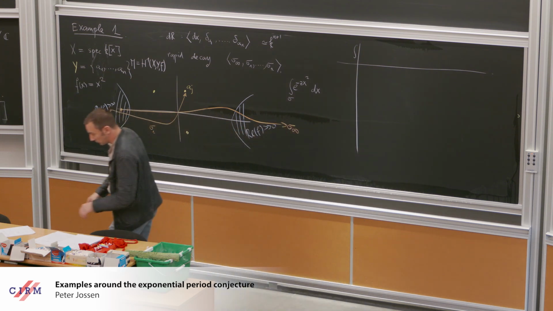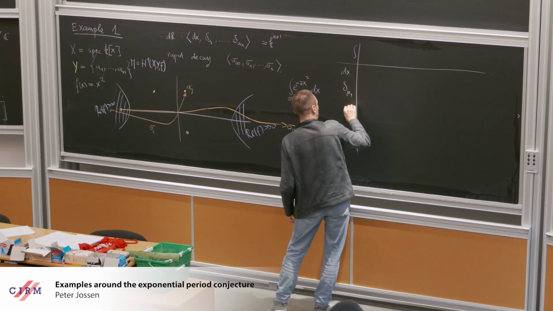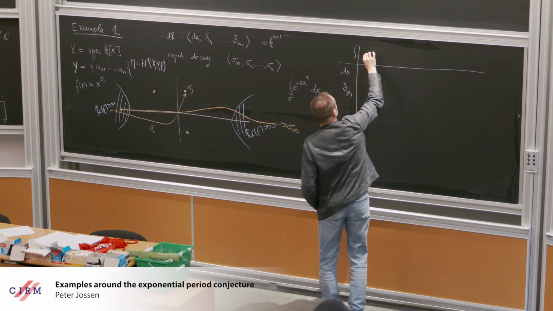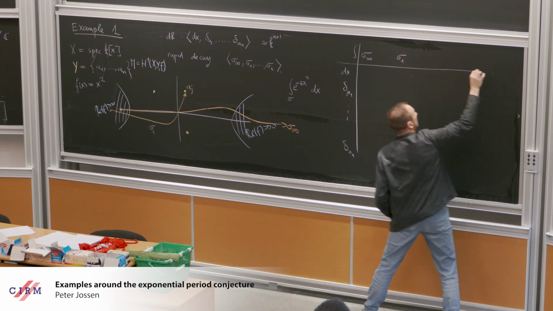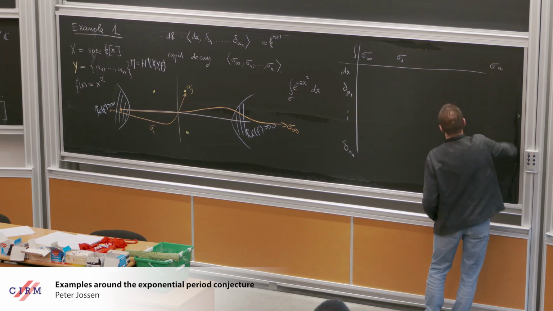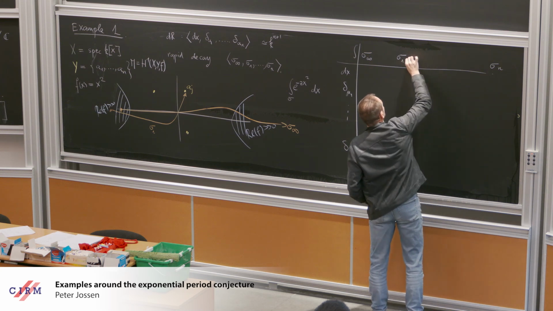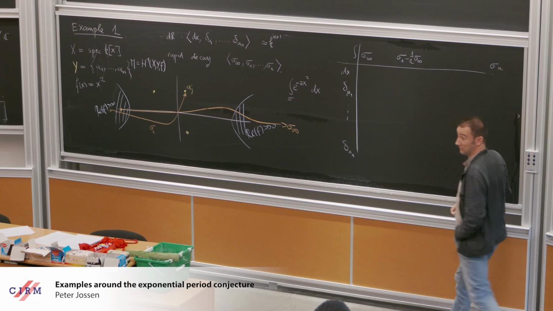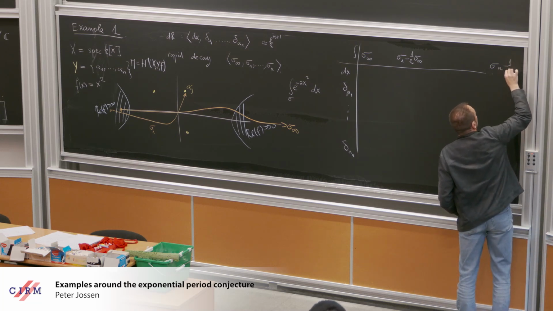So to make this nice and suggestive, I put here dx, delta a1, up to delta an, and then here let's start with sigma infinity, sigma 1 up to sigma n, and it looks somehow better if I subtract half of sigma infinity from each of these. That is just for cosmetics.